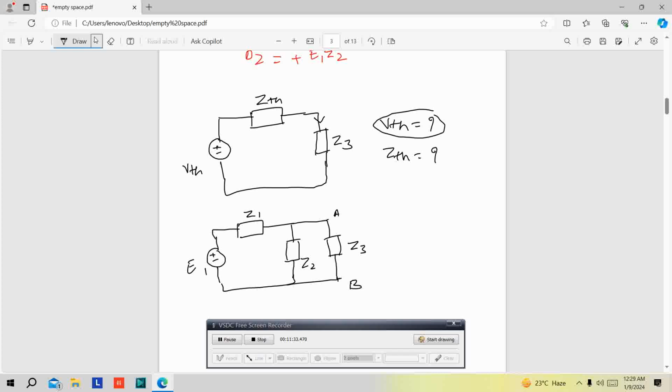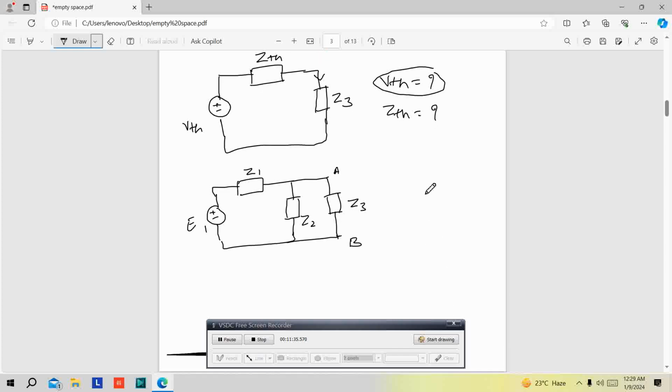It is very simple. You need to follow some steps. First open the load, then calculate the load voltage. That is VTH.